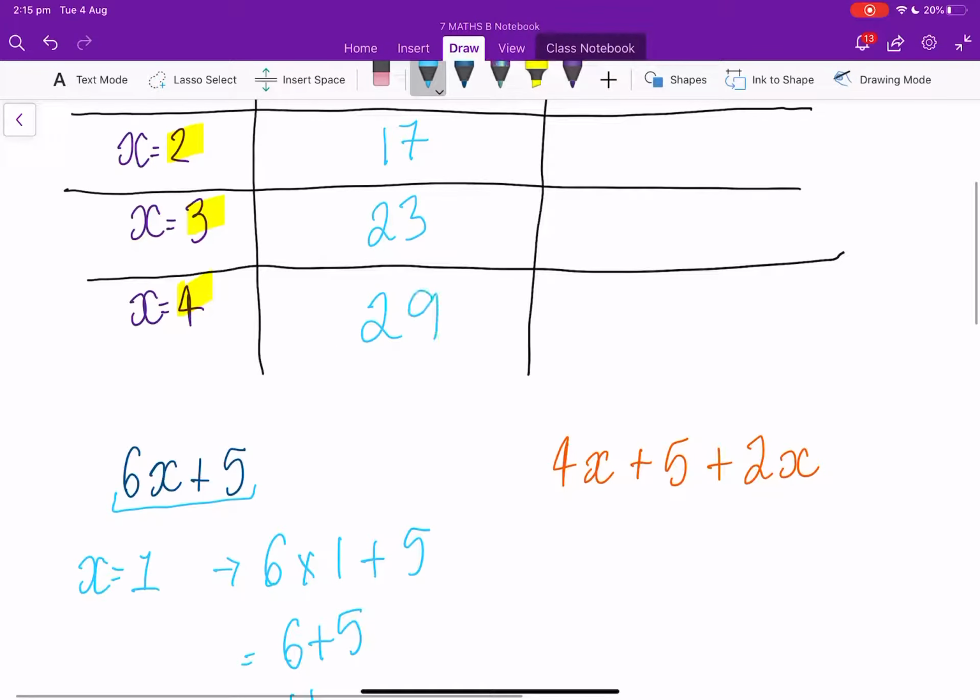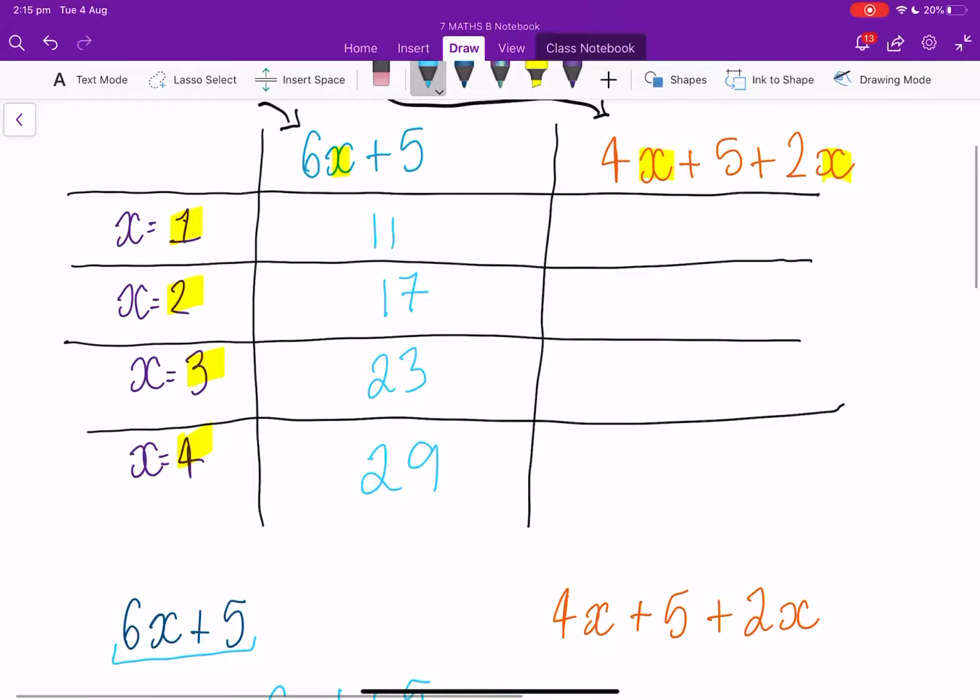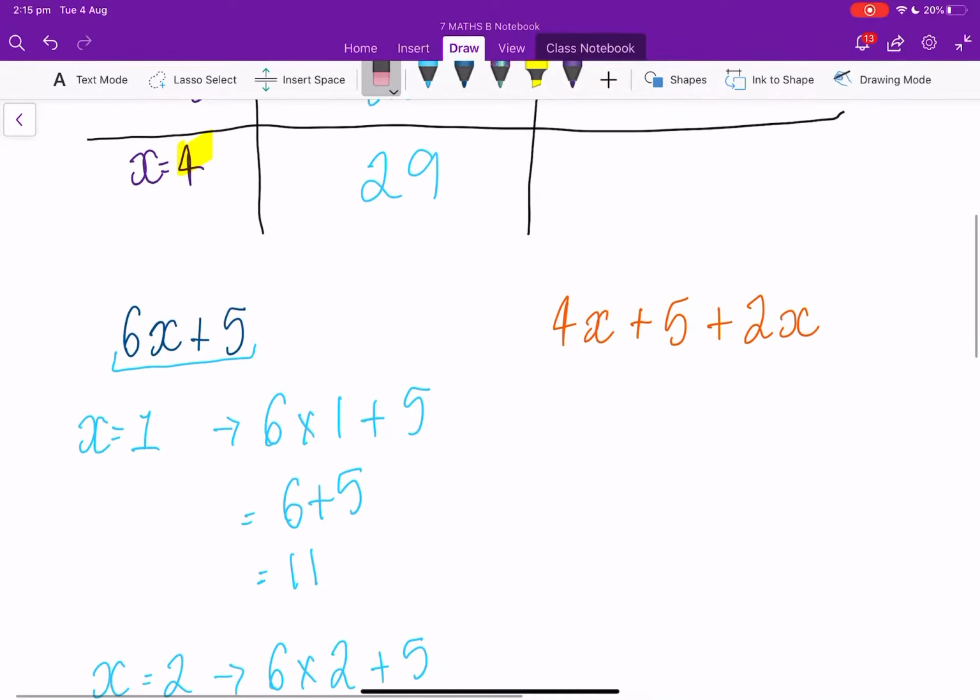Now we're going to do the exact same with our other expression. And if we get the answers, all here, that are equivalent to the answers we've just worked out, then we say that our expression is equivalent. So let's go ahead and see if we get the same answers.